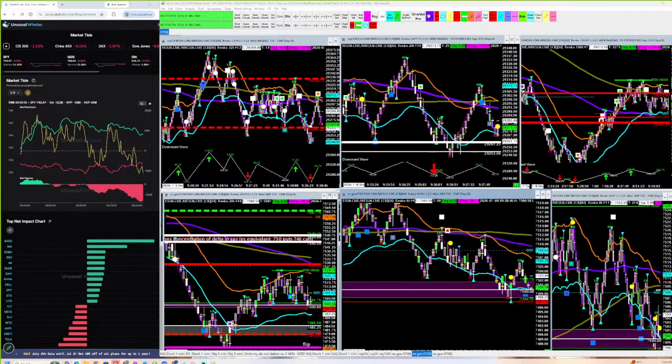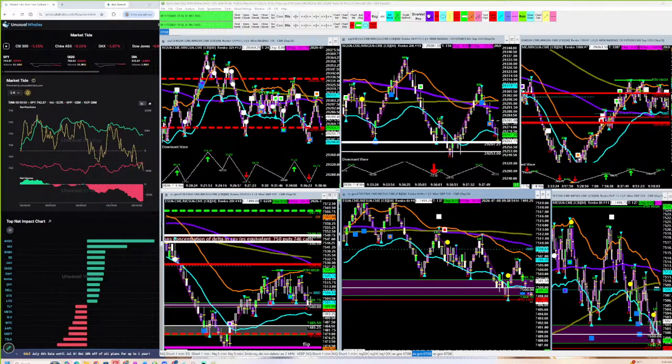But very hard, if you do not have a very strict process here, this is very hard to trade. I mean, look how fast the swings are. I don't know how one would survive.